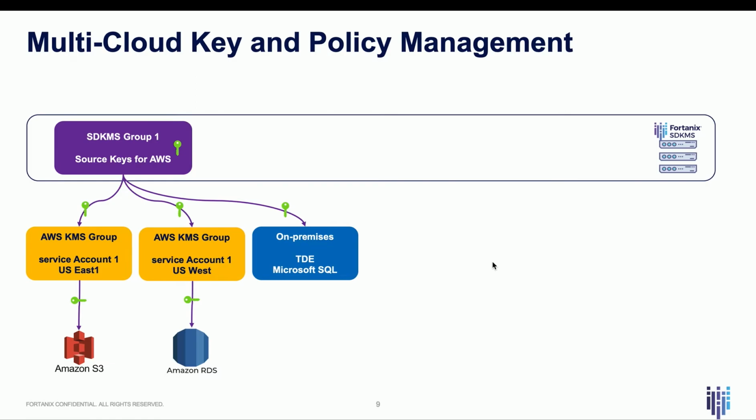All you have to do is continue using the alias ARN, which always stays the same, and you will always get the latest key material. Now, the same key can also be used for your Oracle or Microsoft SQL TDE on-premise, which means that you can centrally manage a single key and use it across multiple encryption strategies.